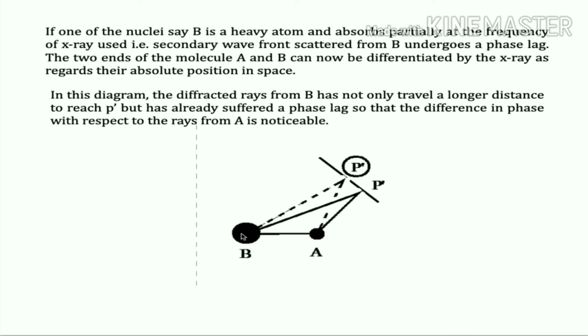But if B were the same as A, then it could have traveled at the same phase and made interference on the photographic plate at the same phase. But now B is heavy, and at the same time it has to travel a longer distance, so both the lag as well as the longer distance make it distinguishable from the A atom.